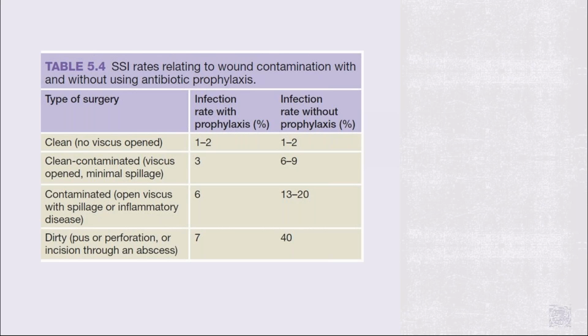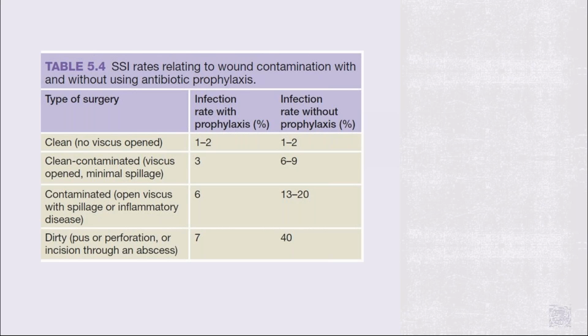Whereas class 2, that is clean contaminated, viscus opened with minimal spillage, the infection rate with prophylaxis is 3%, but without prophylaxis is 6 to 9%. Class 3, contaminated, open viscus with spillage and also inflammatory diseases, it is 6% with prophylaxis, whereas without prophylaxis it is very high, 13 to 20%.